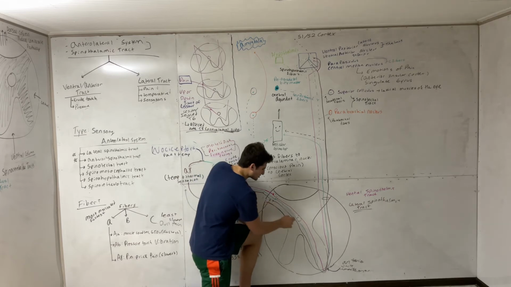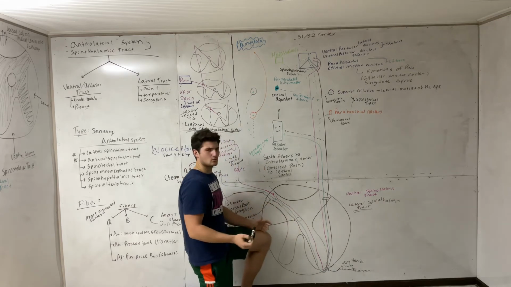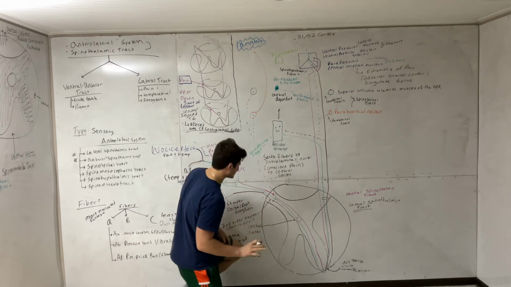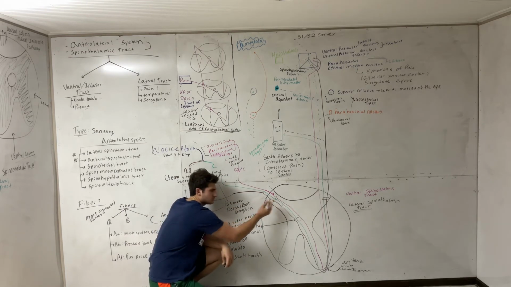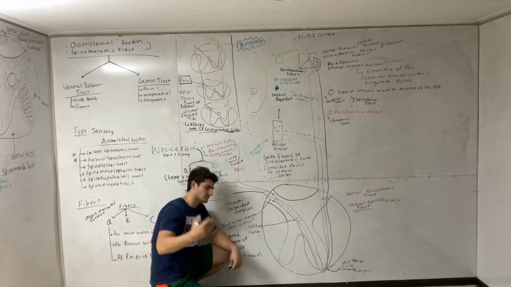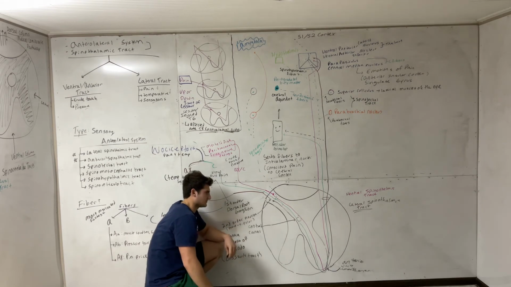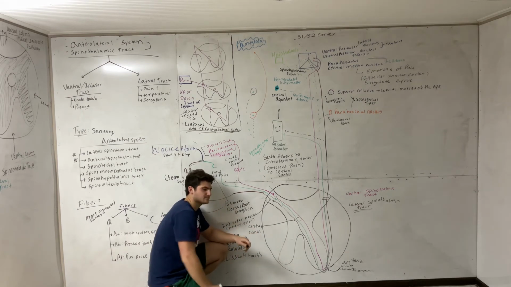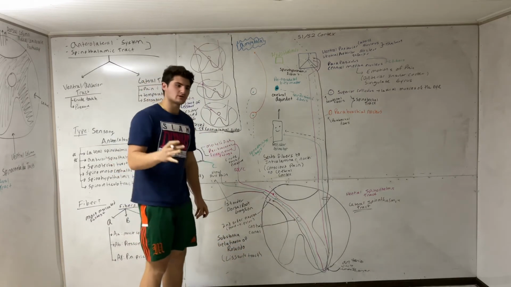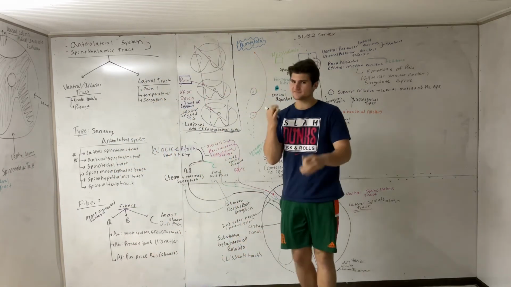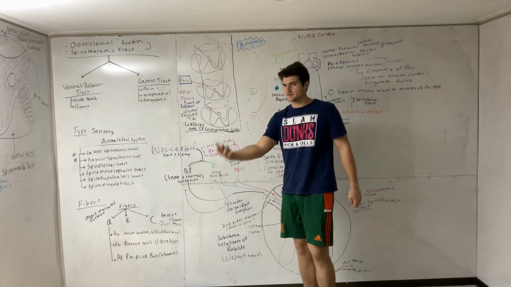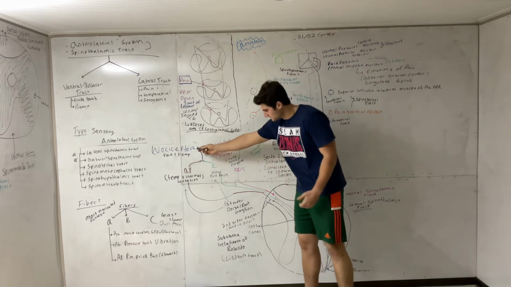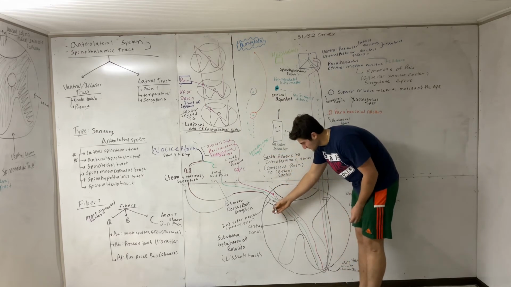Now, he shoots across. Wait, whoa. Why does he shoot across? Well, he's going to target another neuron right here. Pseudo-unipolar neuron, it's called. What is this neuron? Well, this location is going to be our second order neuron. Remember we have three orders, always, mostly for these tracts: first, second, and third. The first one was up here. The second one is going to be right over here.